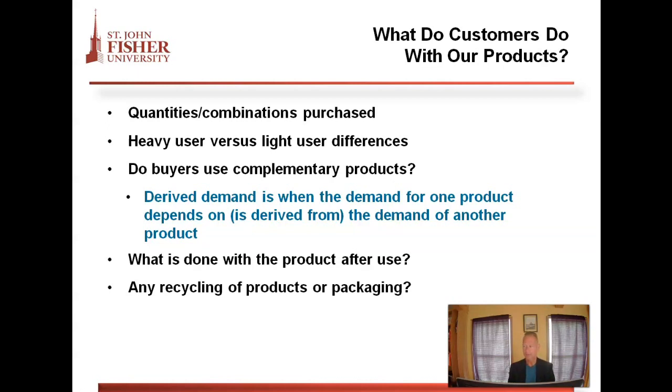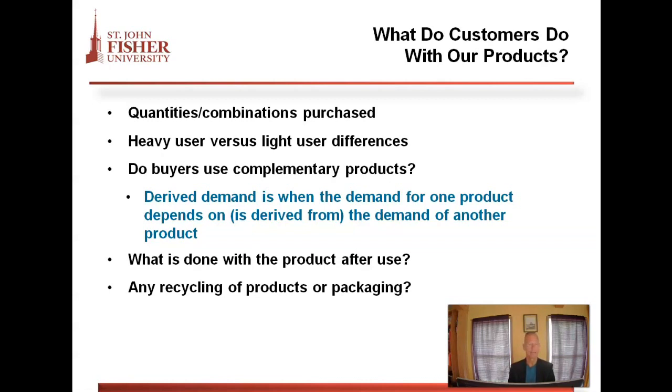Do they use complementary products? Are they purchasing only from us? Is it a derived demand? Like I said, a derived demand is when a demand for one product is based on the demand for another. Oftentimes it's raw materials. Take a look at something like steel.